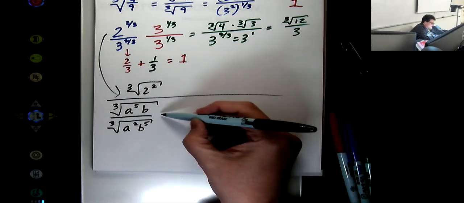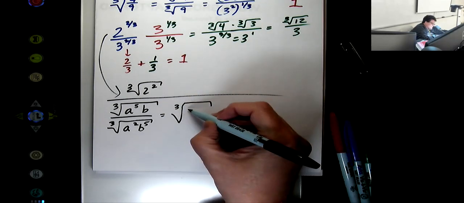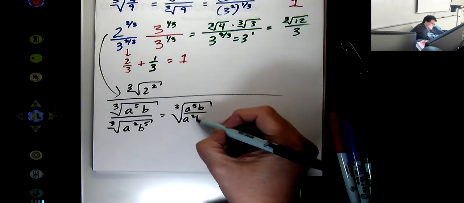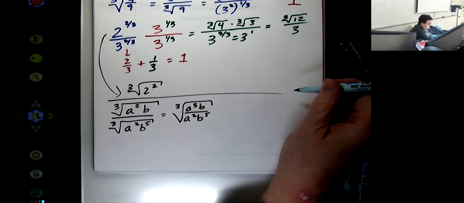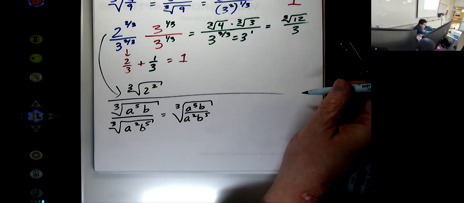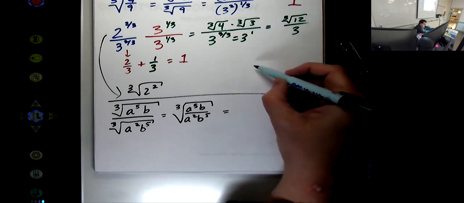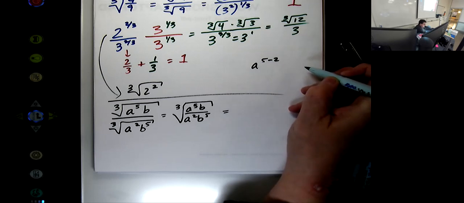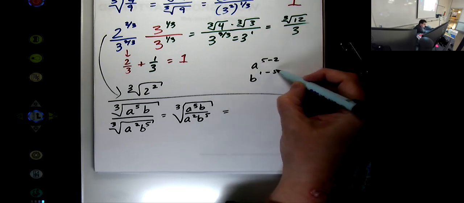What we want to start off doing is make it one radical. Depending on how you like doing it, we can do this as a to the fifth power minus the 2, doing the division, and b to the 1 minus 5.